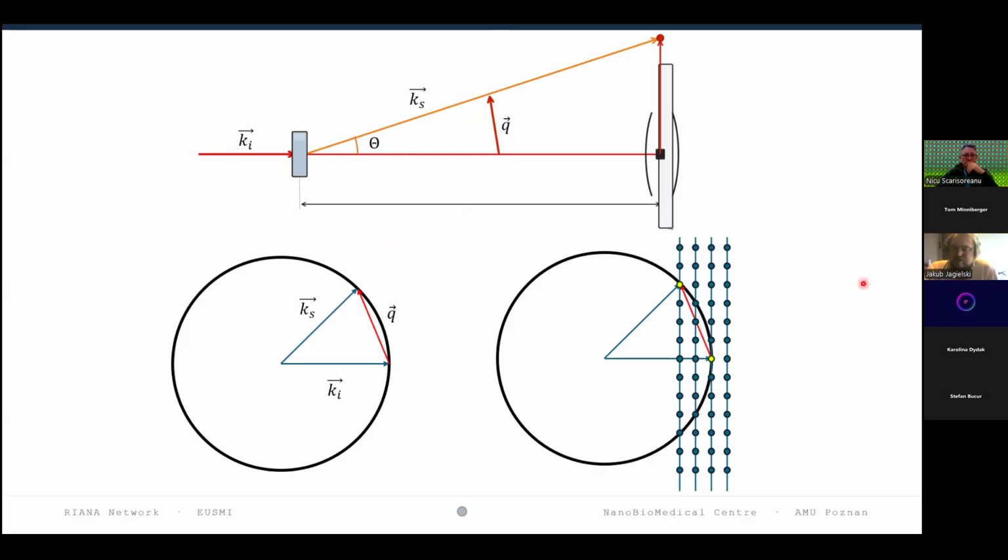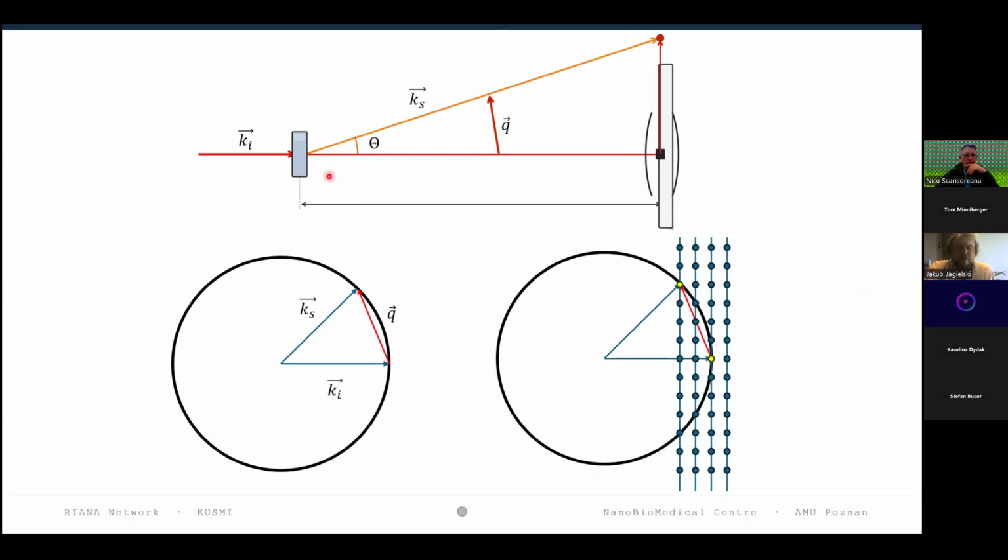In SAXS, we typically work in the range of about 5,000 to 5 nanometers in inverse space, probing structures from roughly 1 to 100 nanometers, exactly where the internal lattice of our liquid crystalline nanoparticles sits.